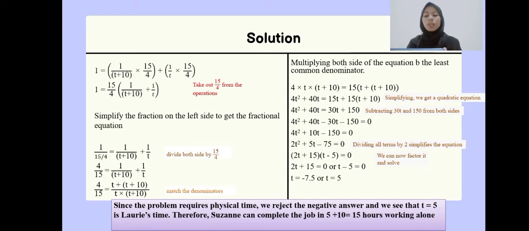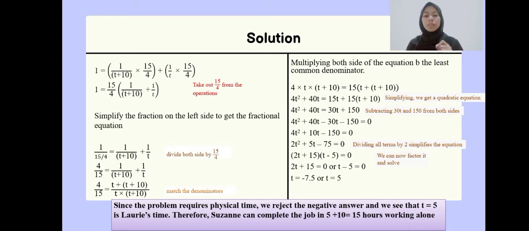So we got 2t to the power of 2 plus 5t minus 75 is equal to 0. And then we can now factor and solve it. 2t plus 15 and t minus 5 is equal to 0.